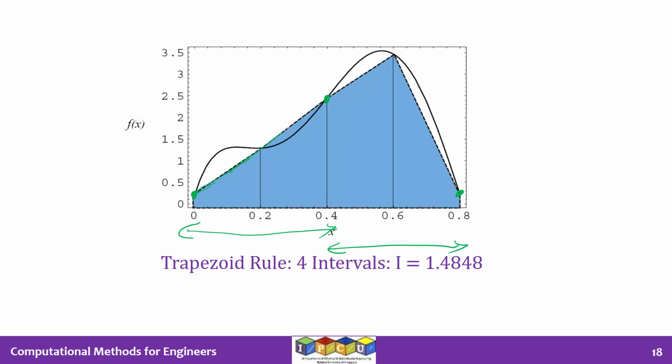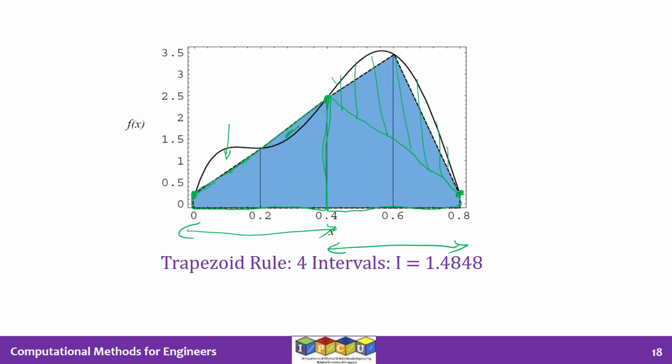This point should be connected to this point by a line. So I get this area as trapezium 1. Trapezium 2, I have to connect this to the next point. So my second trapezium is going to be this. So you can see I am missing out this area under the curve, right? I am overestimating it a bit here. And again, I am missing out this particular area under the curve. So there are some problems again.